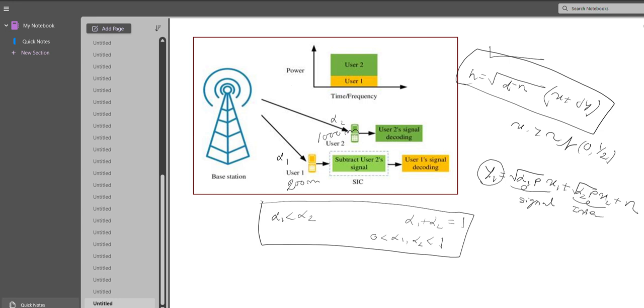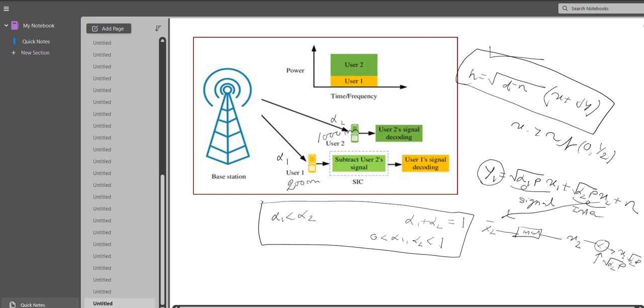If it directly demodulates y1, it will get the demodulated version of x2, say x2 bar. Now it will modulate this signal again, so it will get x2, right? Now it will multiply x2 with the power of user 2, which is alpha 2 into P, so we will get x2 into root alpha 2 into P.